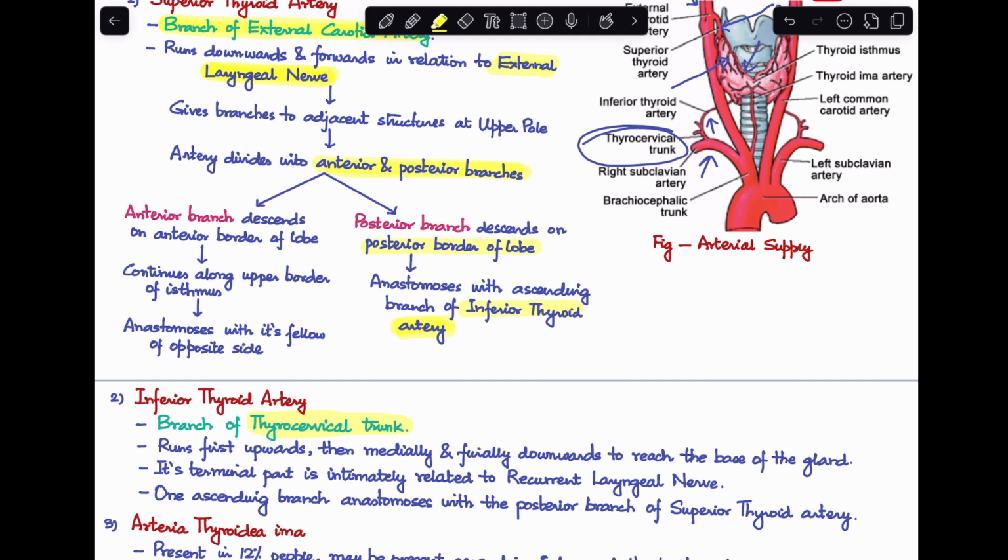This artery runs upwards and then medially and then finally downwards, and it reaches the base of the thyroid gland. This artery is very intimately related to the recurrent laryngeal nerve at the base, which we have already discussed. And it gives off an ascending branch which anastomoses with the superior thyroid artery along the posterior border of the thyroid gland.